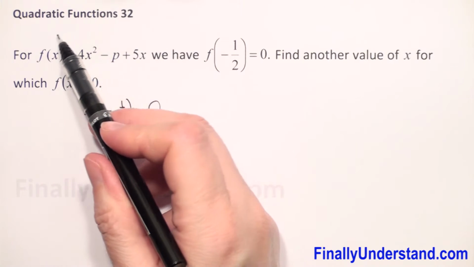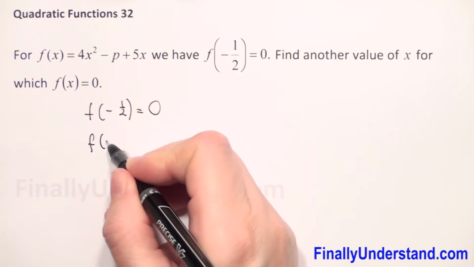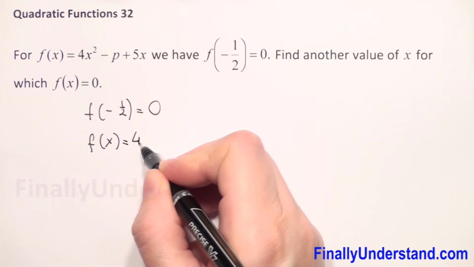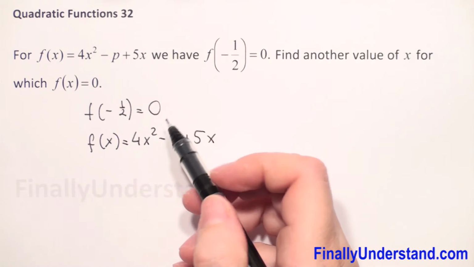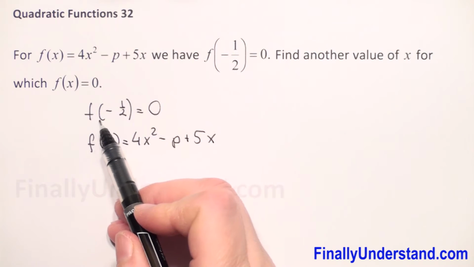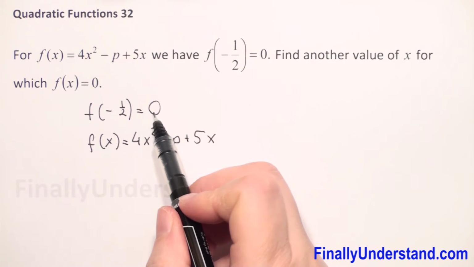So let's go to our function. We have f(x) equal to 4x² − (p + 5x). We are given that for x = −1/2 our function is equal to 0.